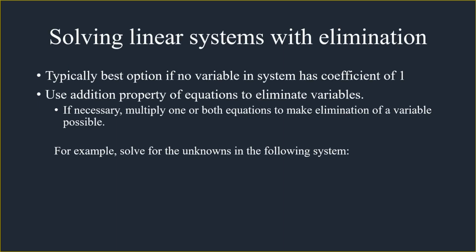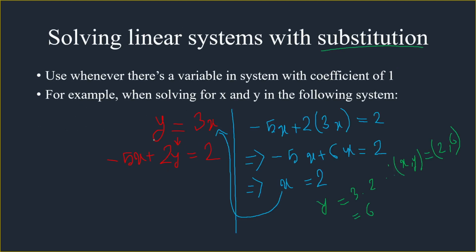Now let's move on to the second part of today's session. We will be solving linear systems with the elimination method. Typically it is the best option if no variable in the system has a coefficient of 1.